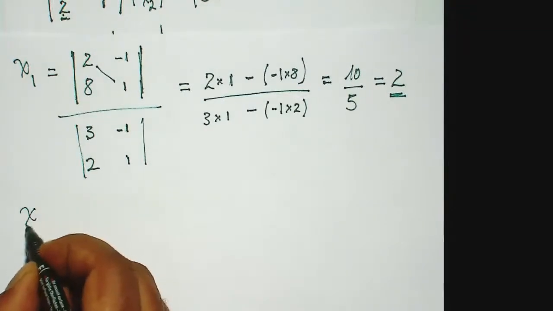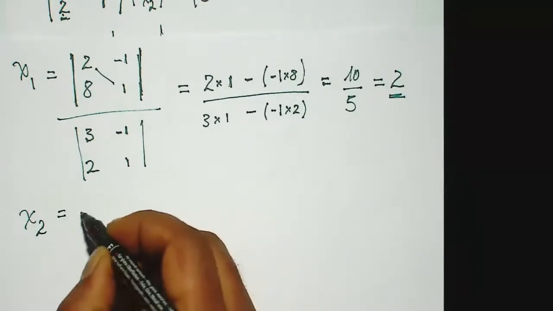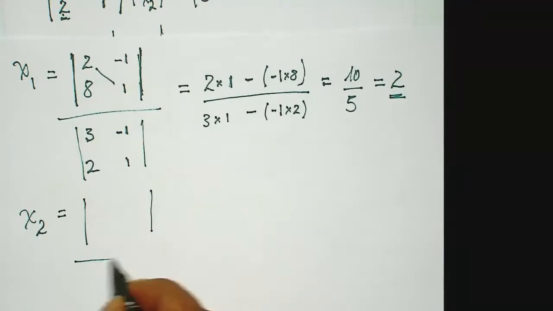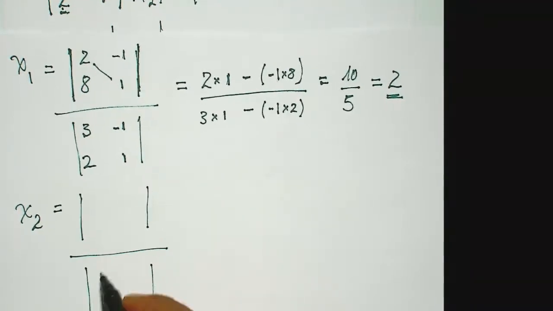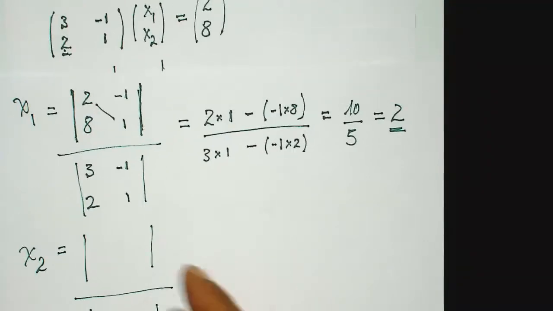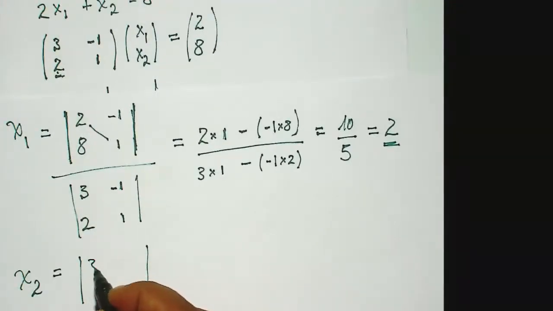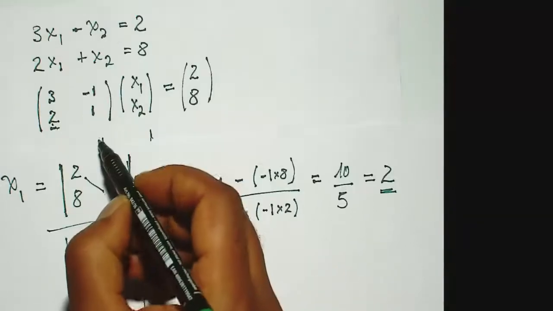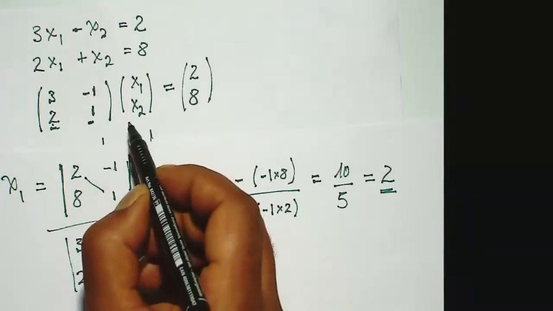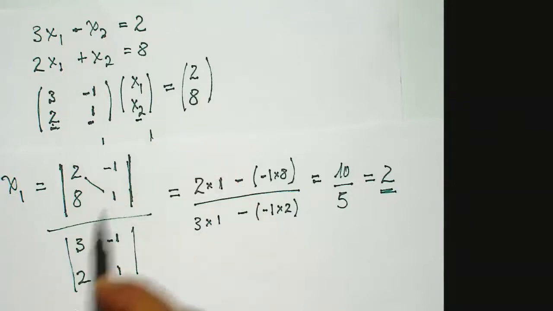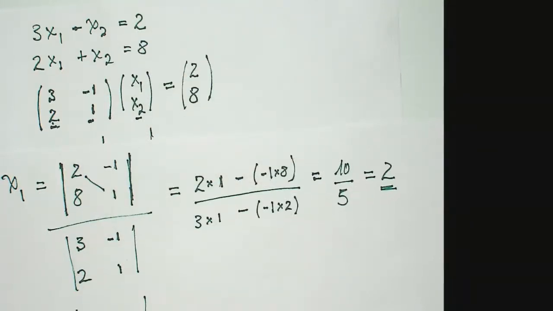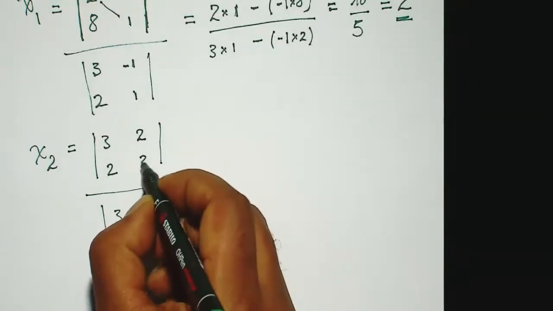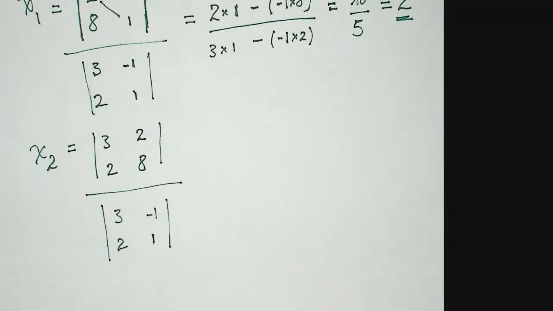Similarly, we would construct the value of x2 by determining the determinant matrix. As we have said, the denominator remains the same, but for the numerator we would have 3 and 2 in our first column. Minus 1 and 1 were the coefficients of x2 in equation 1 and equation 2, so we would replace them by 2 and 8 here in our determinant.